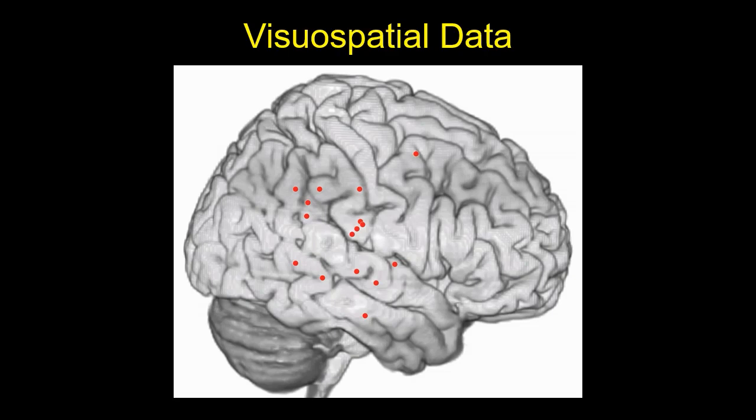Shown here are summarized data from patients undergoing visuospatial testing intraoperatively, revealing a distribution of positive sites within the right inferior parietal lobule and posterior temporal lobe.